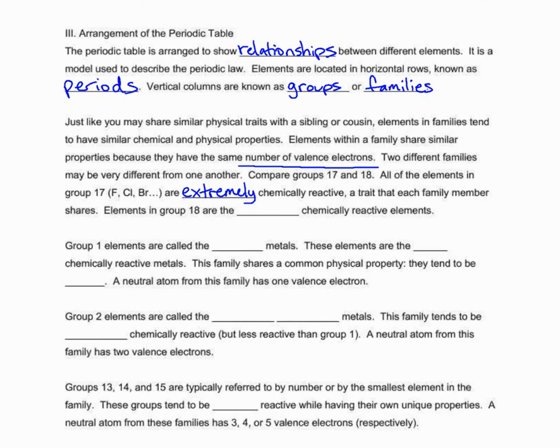Elements in group 18 are the least chemically reactive elements. So these are two families. Within a family, they have their own similarities, and they're right next door to each other, 17 and 18. They couldn't be more different as two different families go. But within a family, we see very similar properties, and it's because of the number of valence electrons.